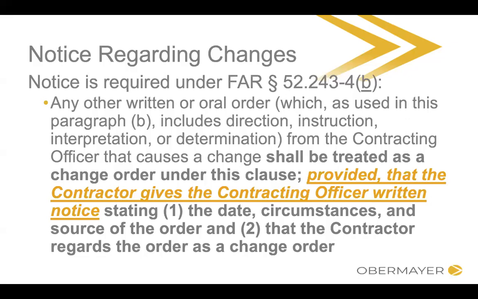And I regard that as a change to the contract, and I reserve my rights to request additional time and money under applicable law and equity, or whatever you choose to put in your form letters. But you need to provide notice when there is a constructive change.